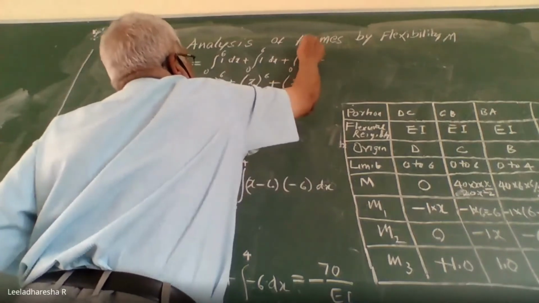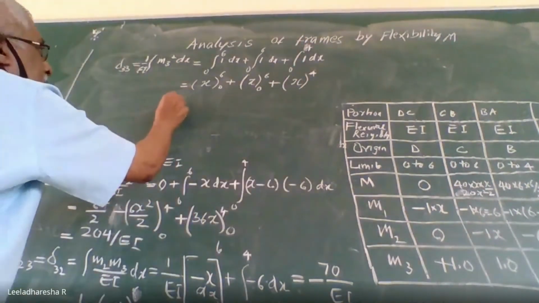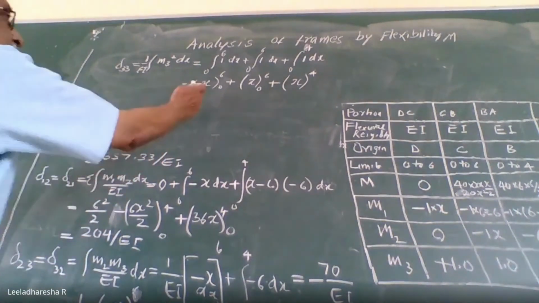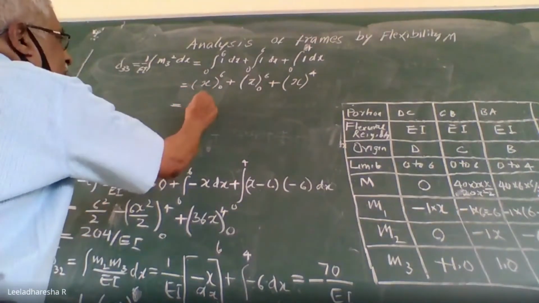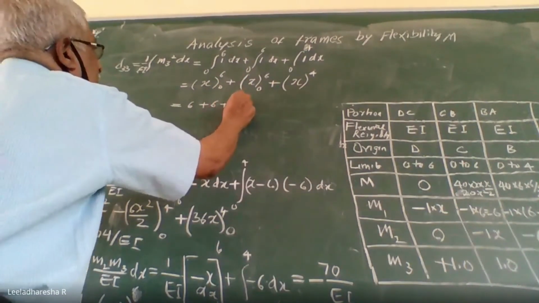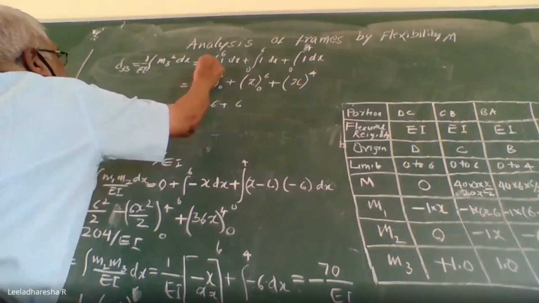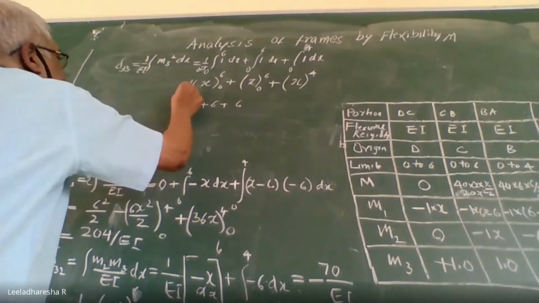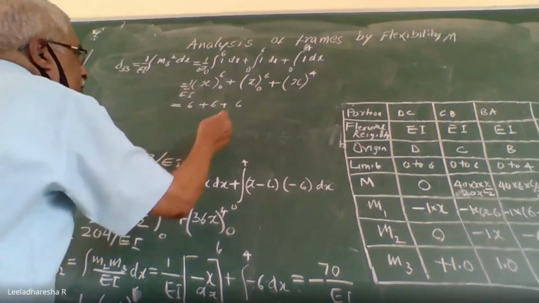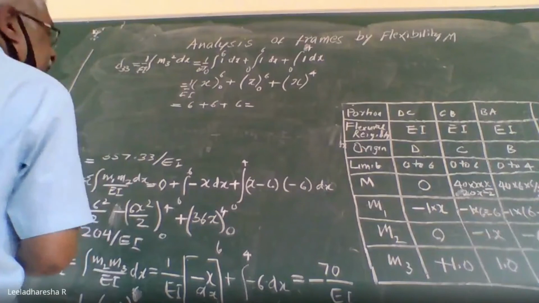This is not 6, so this is 4. Right? So now on simplifying, that is x equal to 6 plus 6 plus 4. 1 by EI, you can keep it outside, in all the cases 1 by EI. So it will be 16 by EI.